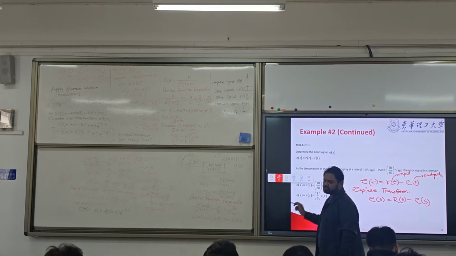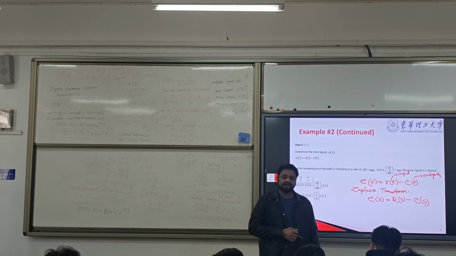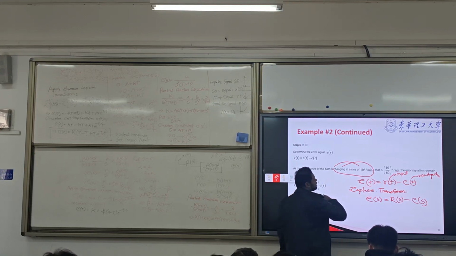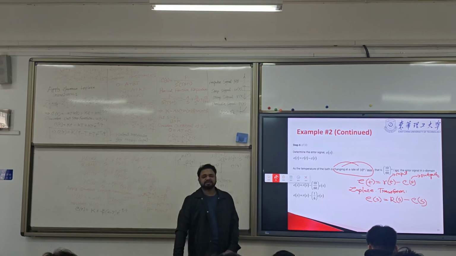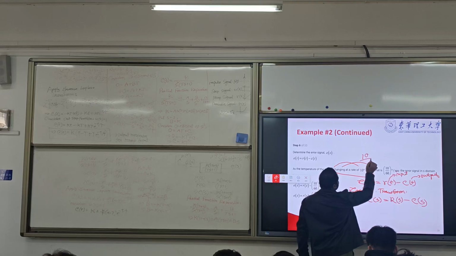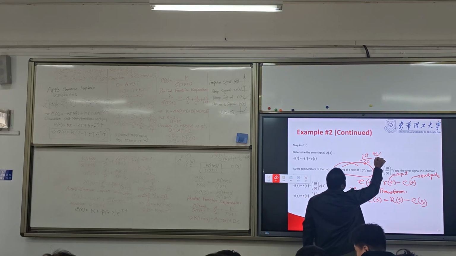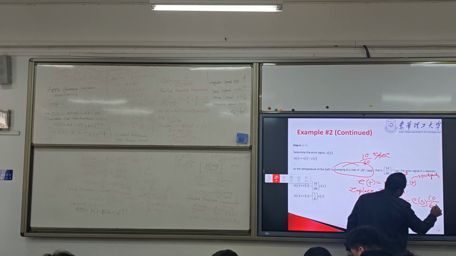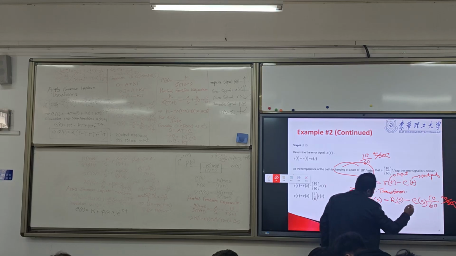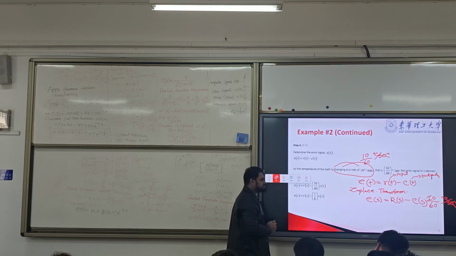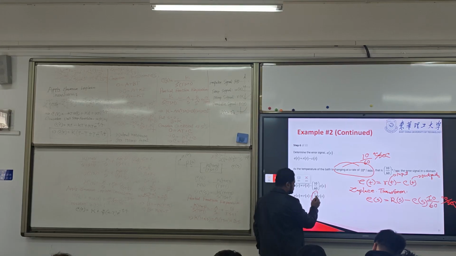Now this C(s) is not only C(s). Why? Because it is changing at a rate of 10 degrees per minute. So 10 degrees Celsius per minute, so this one will be multiplied with 10 by 60 degrees Celsius per second. So this is 10 by 60, which is 1 by 6.